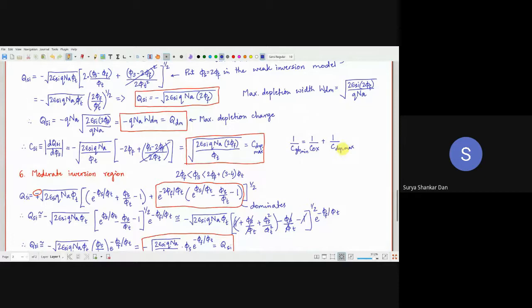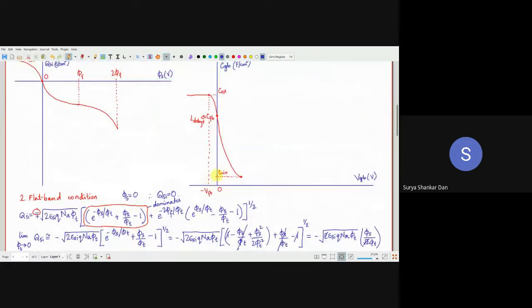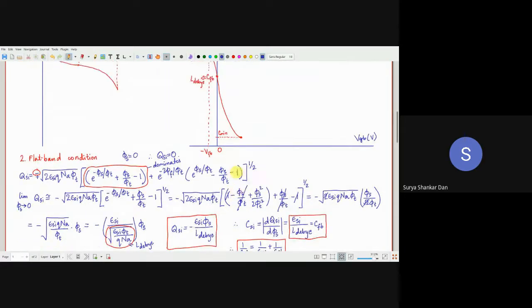So if this is maximum, then 1 upon this is lowest, right? So the parallel combination will be lower than the 1 upon C dep max, correct? So in the CV curve, you are going to achieve the minimum value. All right. Now, when is this achieved? When phi s is equal to 2 phi f.